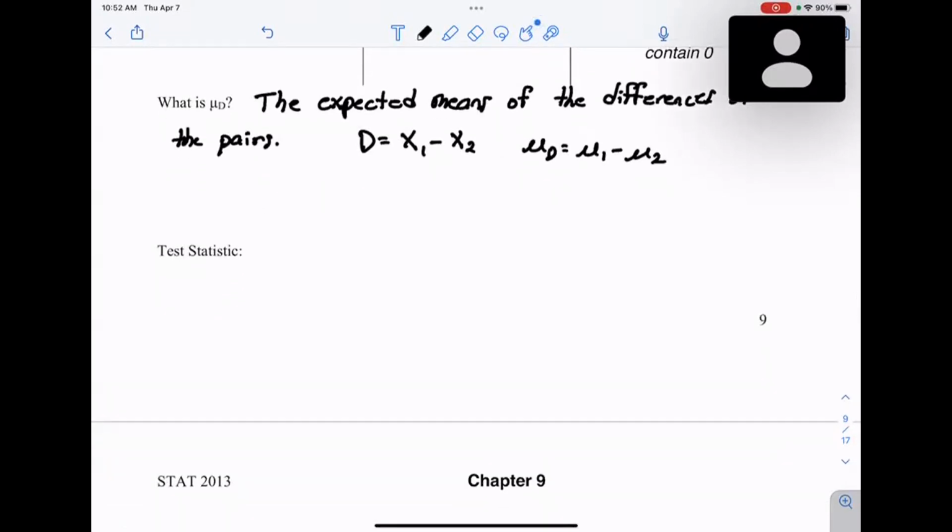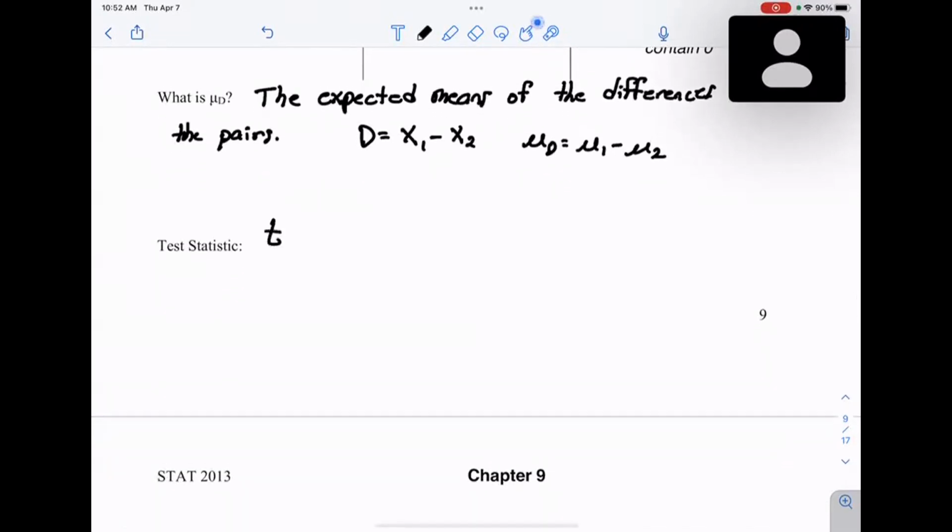And the test statistic formula can be found by this. t-test is equal to d bar. What do you think that is? So if d represents the difference for each of them, d bar represents the mean difference for the whole sample, minus mu d divided by SD over the square root of n.